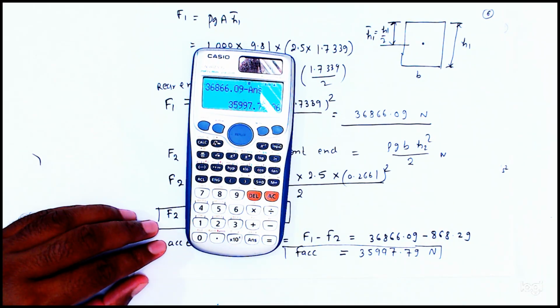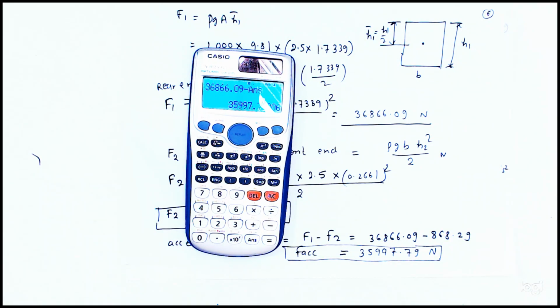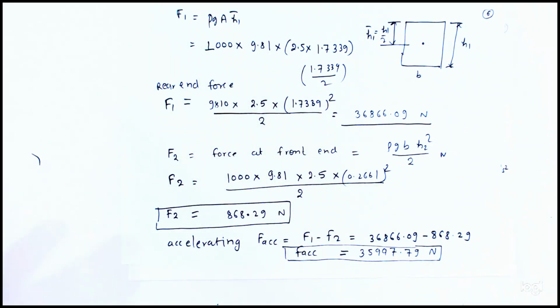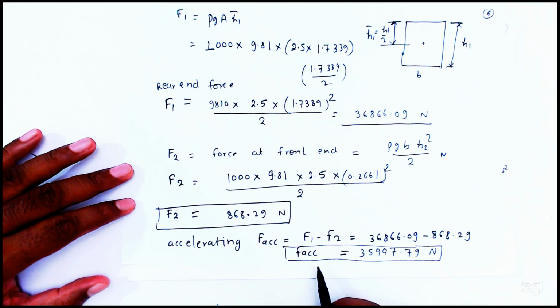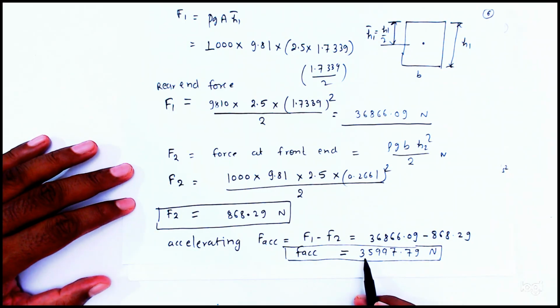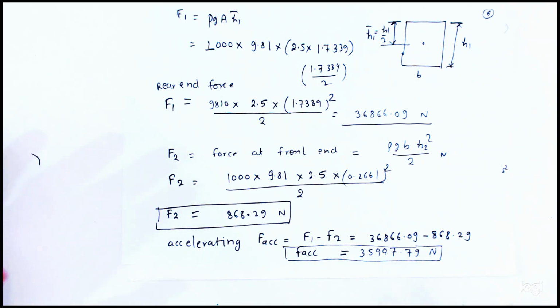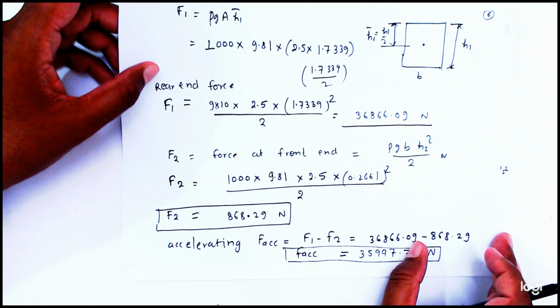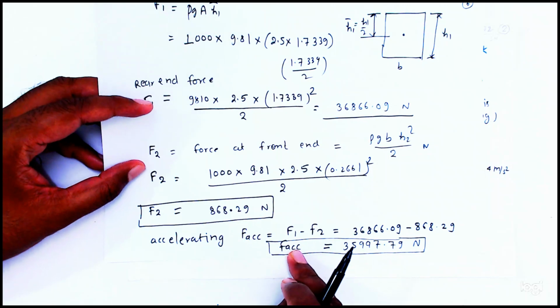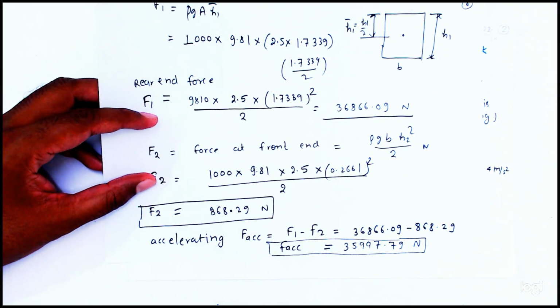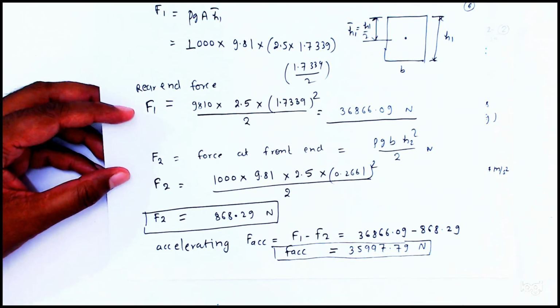Getting, friends? Friends, can we recheck that F acceleration is equal to approximately 35997, is it coming or not? We know that, friends. Let's verify it. We should do some verification.